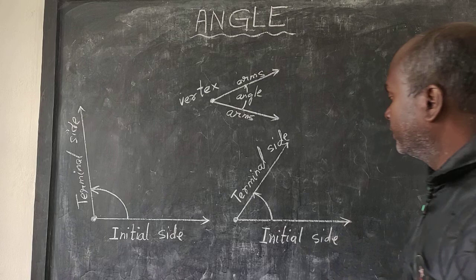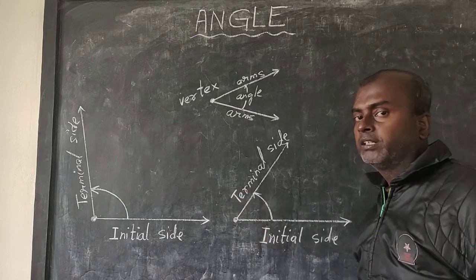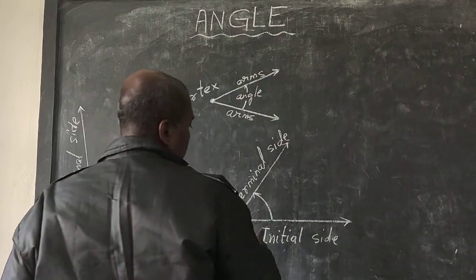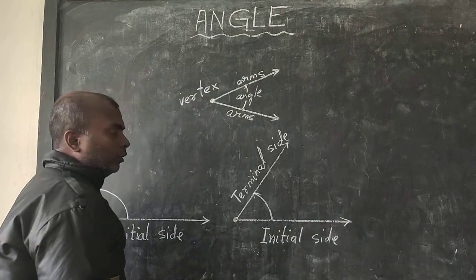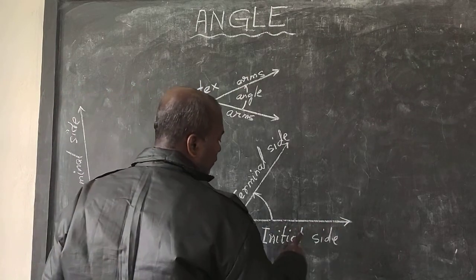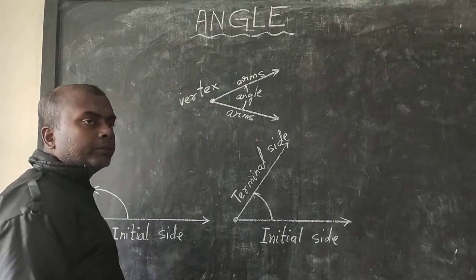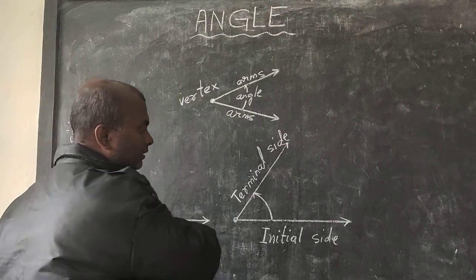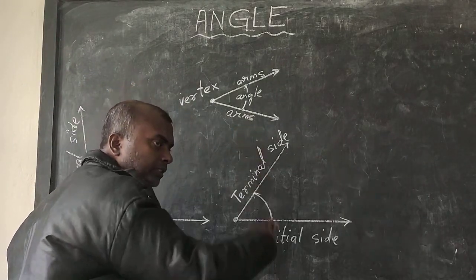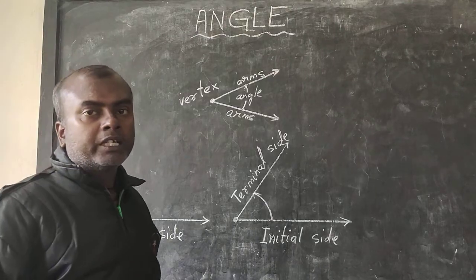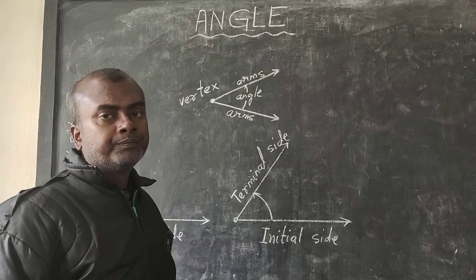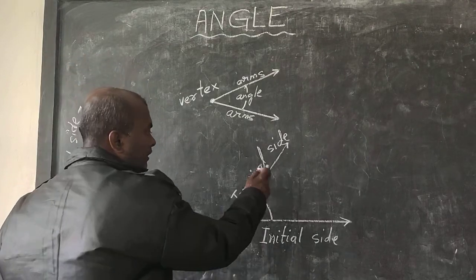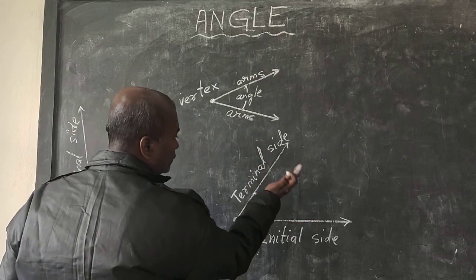Okay, now notice one thing. I have drawn here two angles again. This particular arm of the angle is called the initial side, and this remains fixed, and it is the base of the angle. The base means the arm or the side of the angle which is towards the ground, and this other arm is the one which rotates.